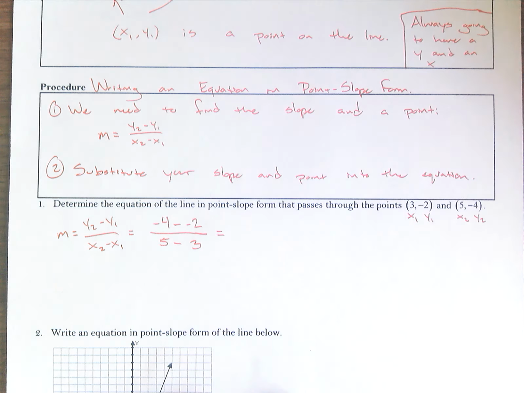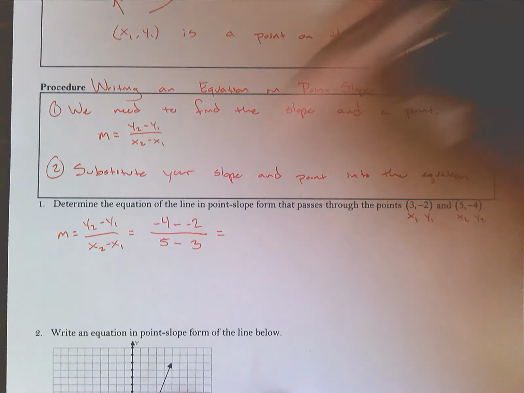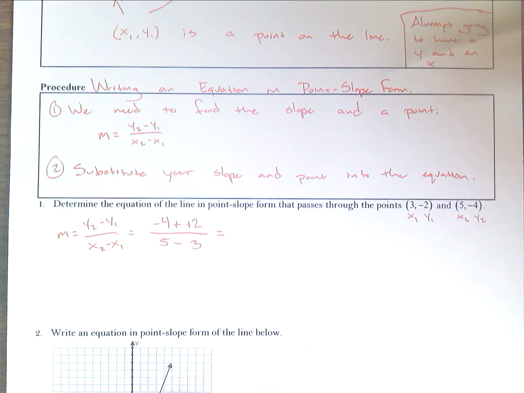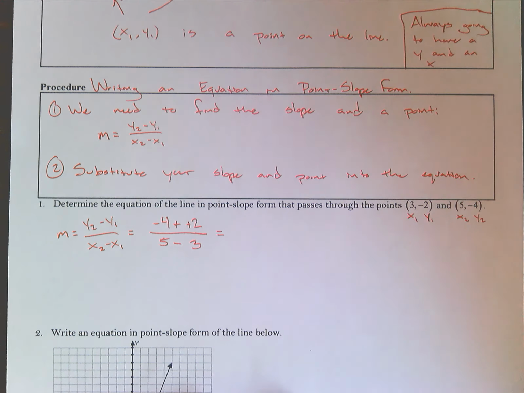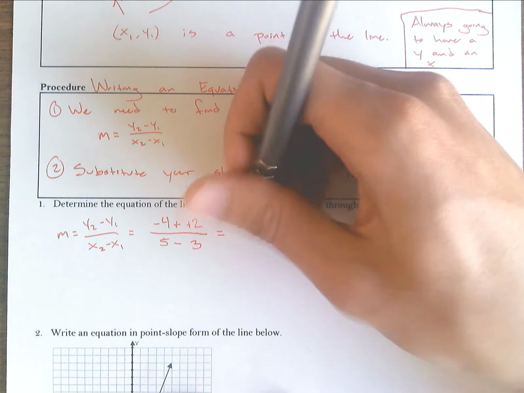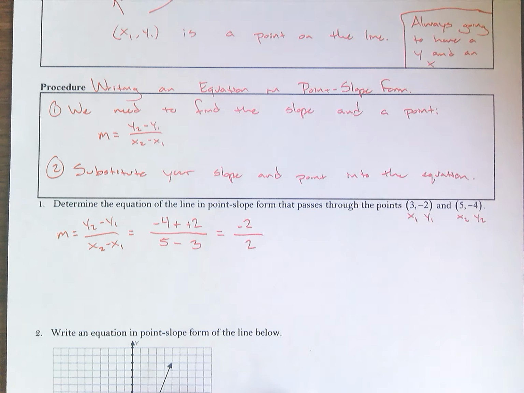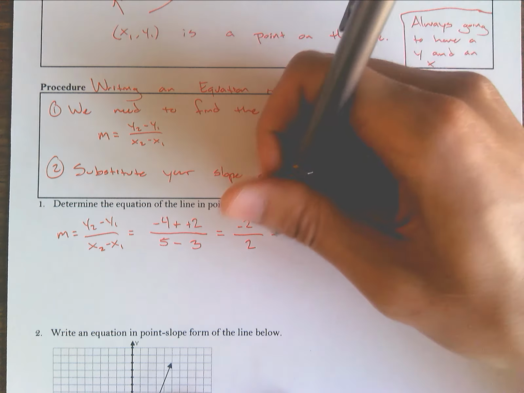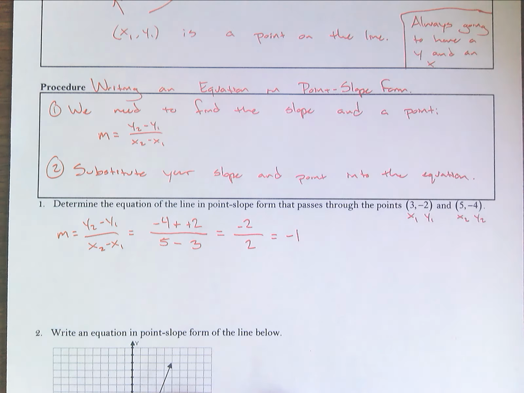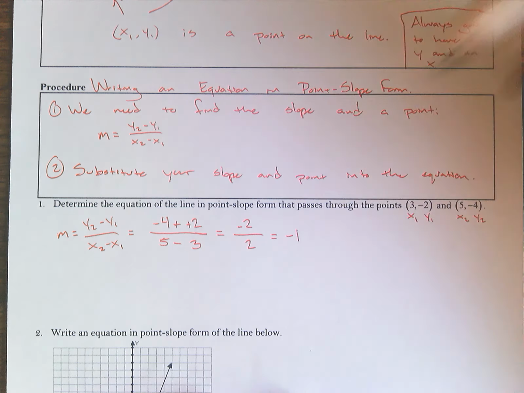In the top, we have -4 minus -2. A minus a negative is a double negative, so we make that plus a positive. So -4 plus 2 gives us -2. In the denominator, 5 minus 3 is 2. -2 over 2 reduces to -1, so our slope is -1.